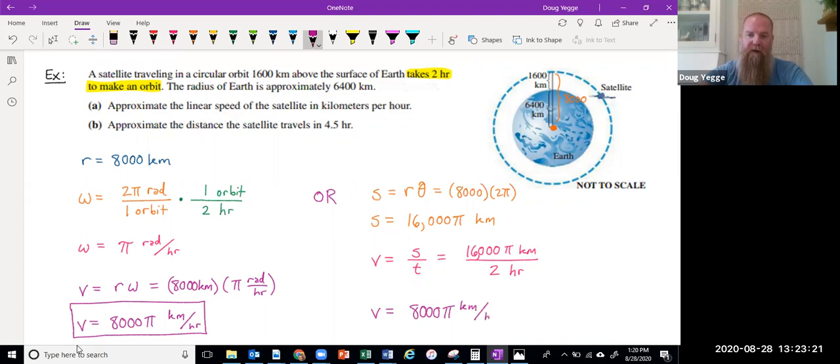So in a lot of problems, it just depends on what you recognize you're able to do in order to fit the formula that you want, okay? So that takes care of the linear speed.